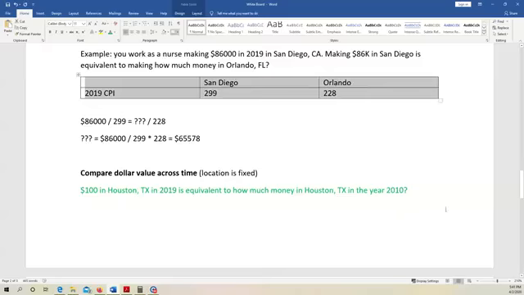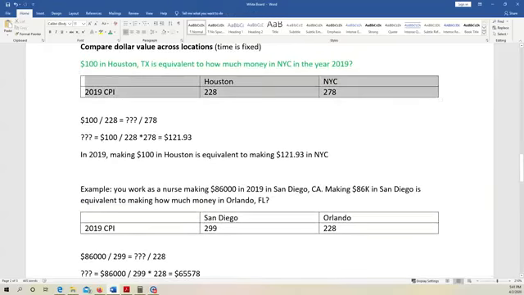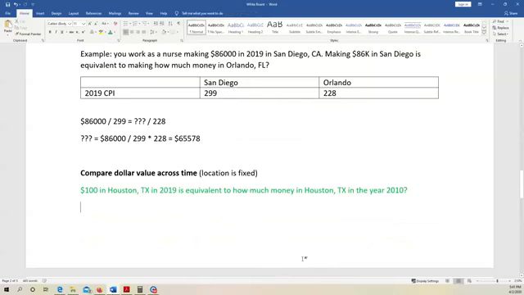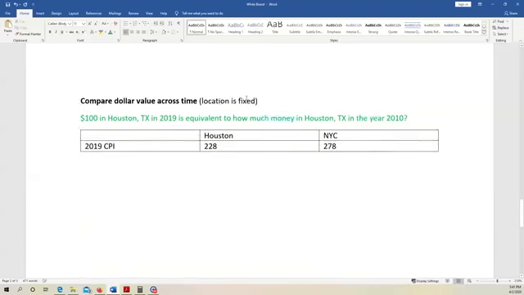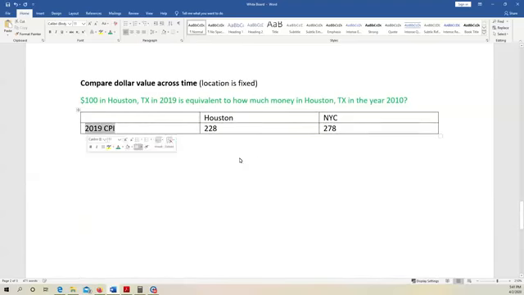Again, let me copy this table first. So now our location is fixed, right? Houston. But how do I look for consumer price index number? We need to find the Houston CPI in the year 2019 and 2010 CPI.